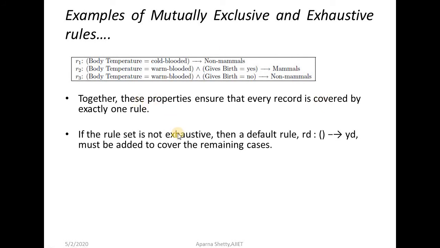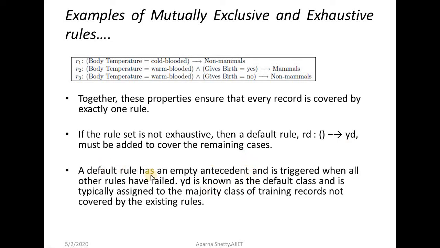If the rule set is not exhaustive, then a default rule, that is null implies YD, must be added to cover the remaining cases.